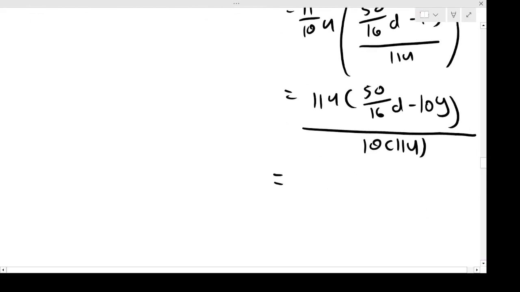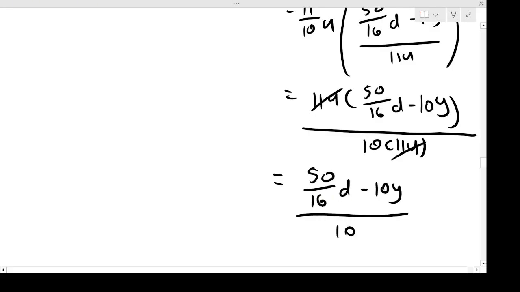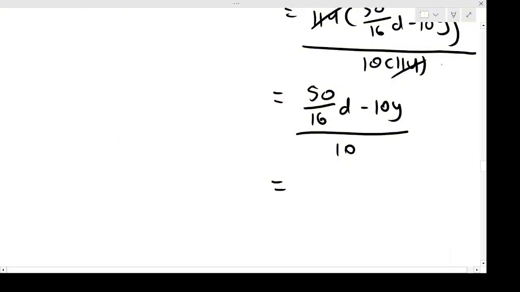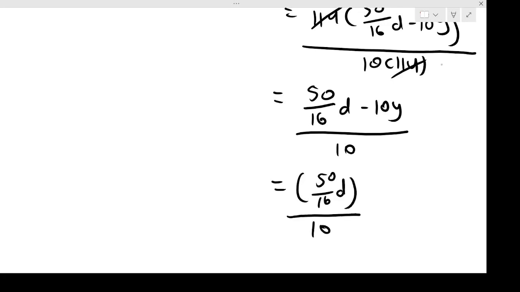And then actually, notice I can cancel 11u top and bottom. So we're just left with 50 over 16 d take away 10y, all over 10. And so we can further split this up to say this is 50 over 16d all over 10, take away 10y over 10. But the 10s cancel, so I'm just left with y.